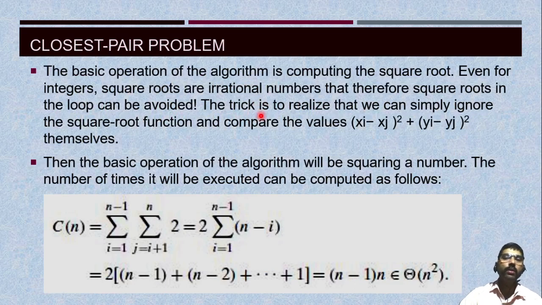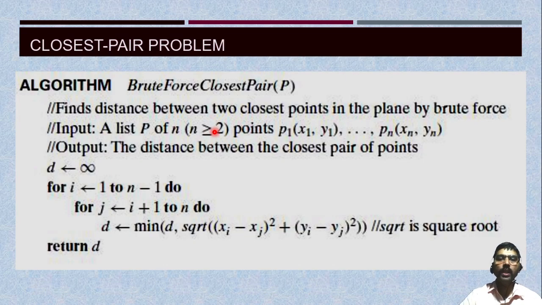Now we can do some analysis on this algorithm. Here the basic operation is actually the square root of these 2 terms. But in the computational field, this square root always gives approximate numbers. You cannot get the exact value. That's the first point. And second, the square root looks like a very simple operation, but actually it consumes more processing power.